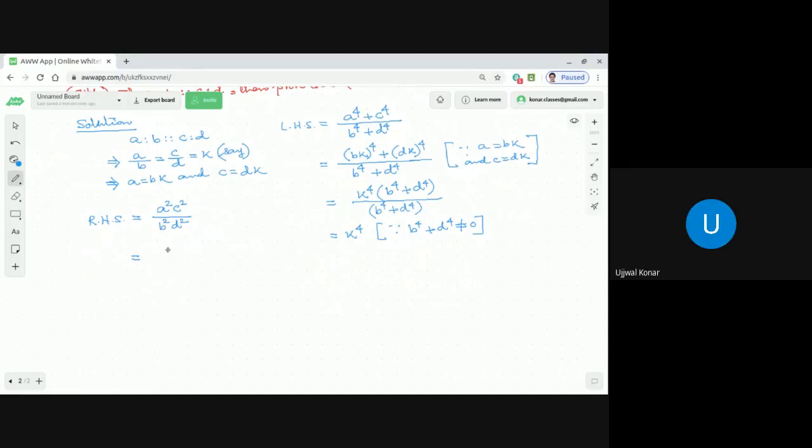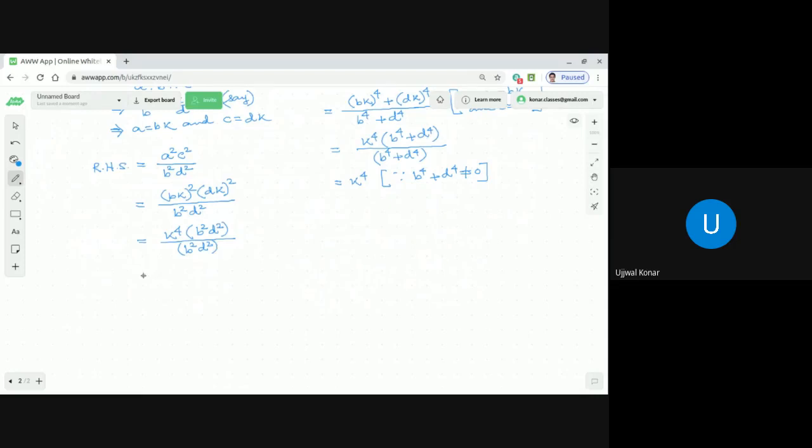BK and DK. So that is BK whole square and DK whole square divided by B square into D square. That is equal to K to the power 4 B square into D square divided by B square into D square. So from here what we get? That is equal to K to the power 4, since B square into D square is not equal to 0.